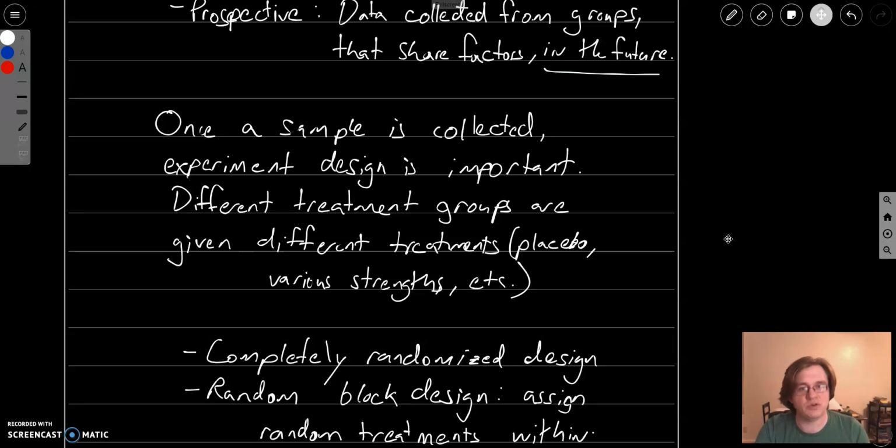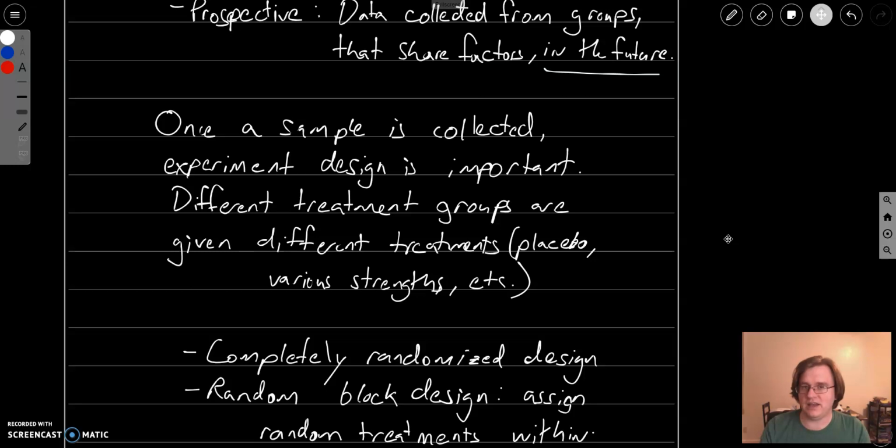So you'll have a placebo group. Or maybe the treatment group will be split further into people that receive some amount of treatment. Maybe one group receives so much treatment, and another group receives double of the same amount of medicine. So you can have more than just two groups, as in a placebo and a treatment. The treatment can be split up further.